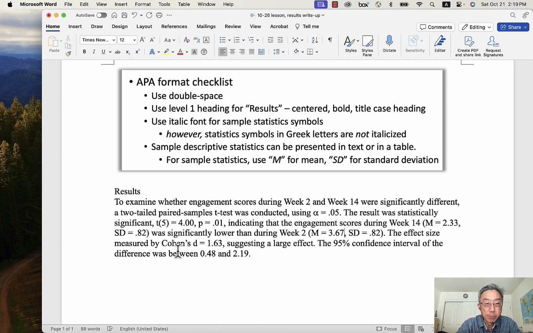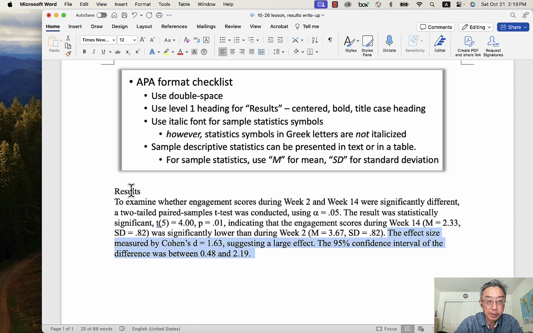The effect size measured by Cohen's d equals 1.63, suggesting a large effect. The 95% confidence interval of the difference was between 0.48 and 2.19. Right? Because the effect was significant, we report the effect size and also the confidence interval.